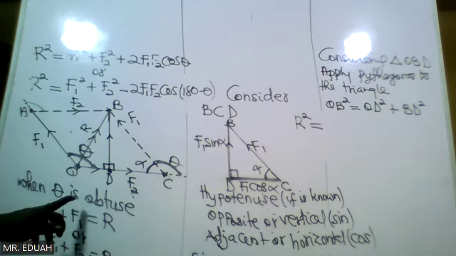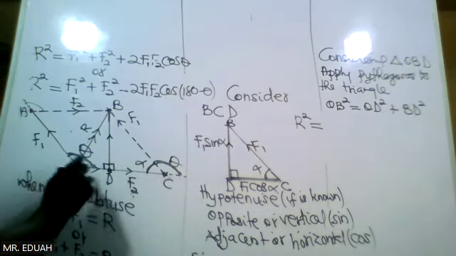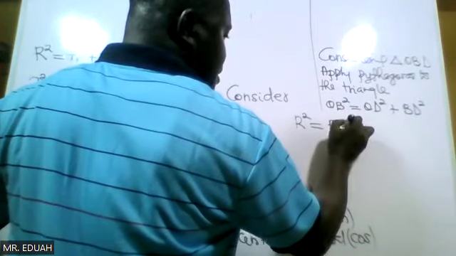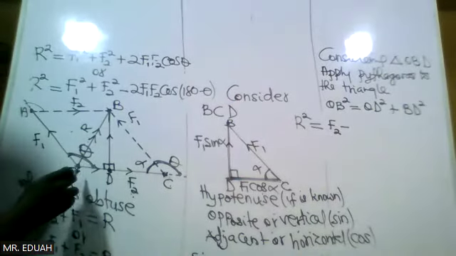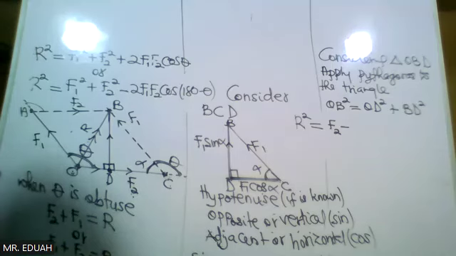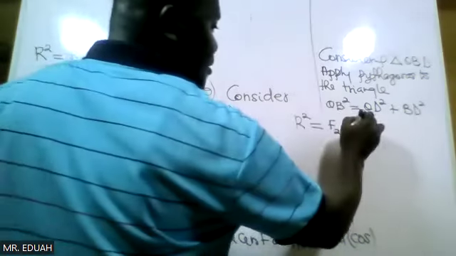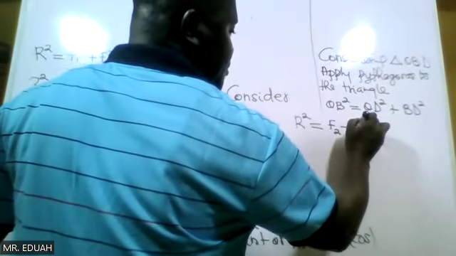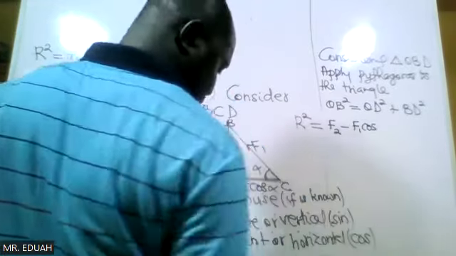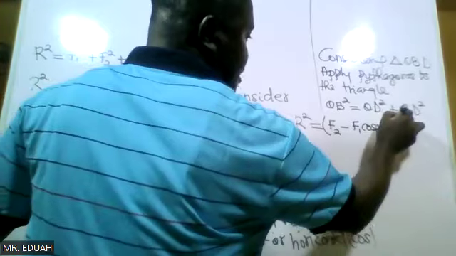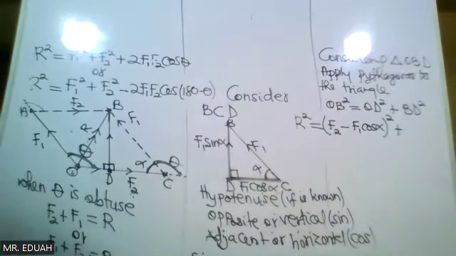So OD will be equal to OC, which is F2, minus DC, which is F1 cos alpha, squared, plus BD.